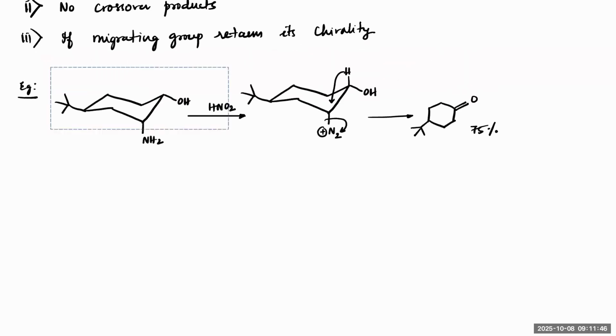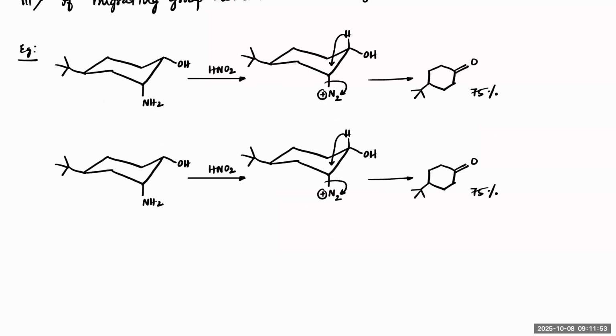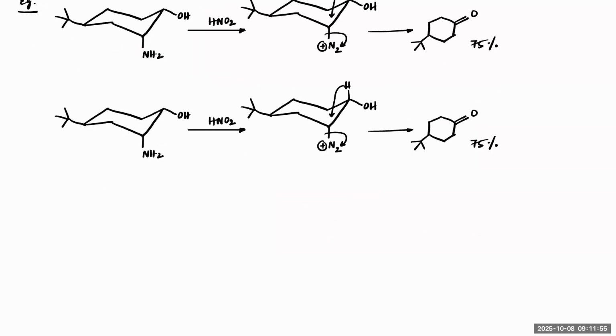Now, let me take the second case. Second case is if NH2 is in the equatorial position. In that case, N2 plus will be here. Since N2 plus is here, when N2 plus is leaving, this bond will break and this carbon will attack here.